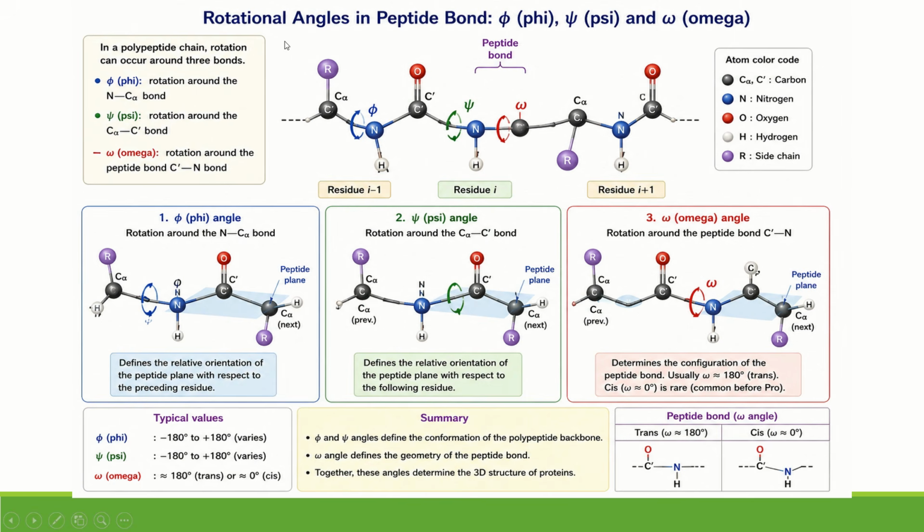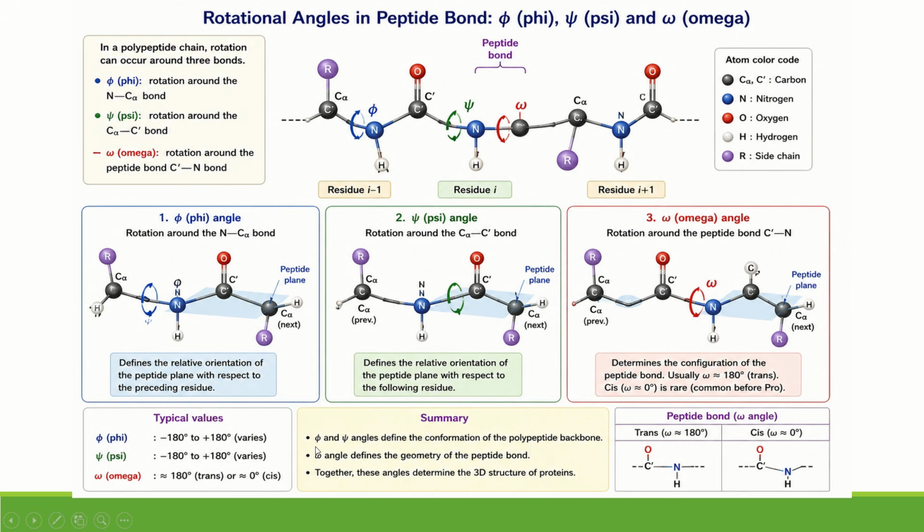and these are rotational angles in peptide bond, that is phi, psi and omega. In a polypeptide chain, rotation can occur around 3 bonds: phi, rotation around the N and C alpha bond, and psi is rotation around the C alpha and C bond, and omega is a rotation around the peptide bond, that is C and N bond.